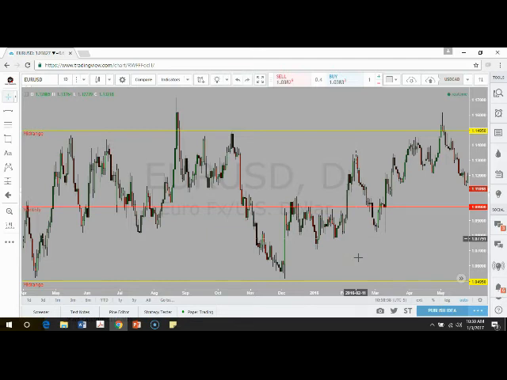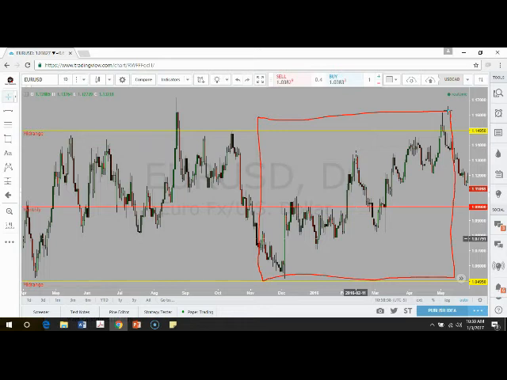Looking at the daily chart on Euro USD, I'm going to give you an example of what Elliott looks like. Looking at within this box right here, guys, I'm going to show you the guideline of alternation within the impulse waves.